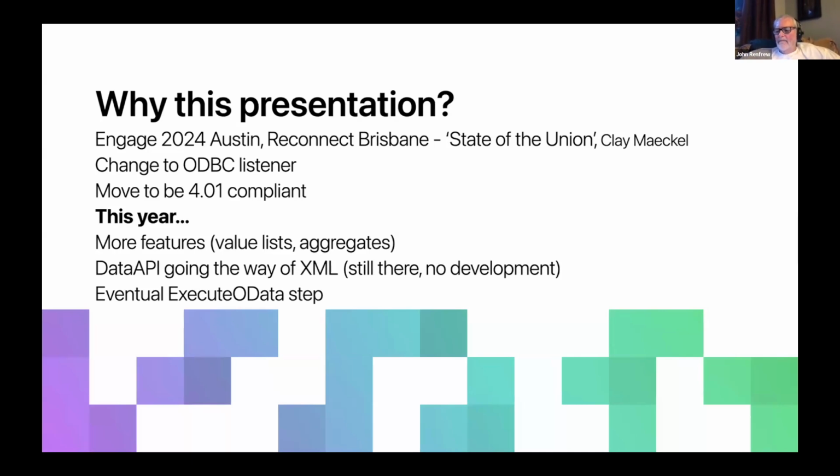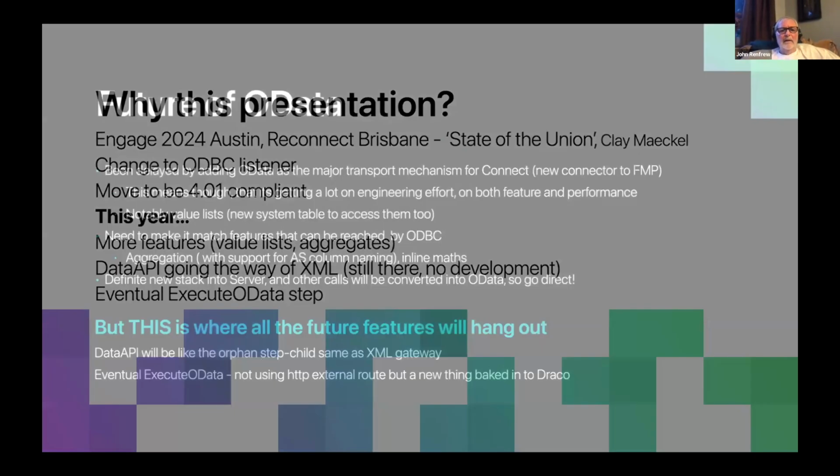It doesn't mean data API is going to stop working, but OData is where they're putting all the future development, and eventually there would be an execute OData script step that wasn't going out using external HTTP, but they'd find a way to make it work. So there's lots of stuff happening.